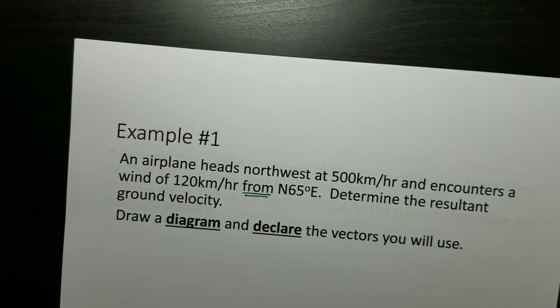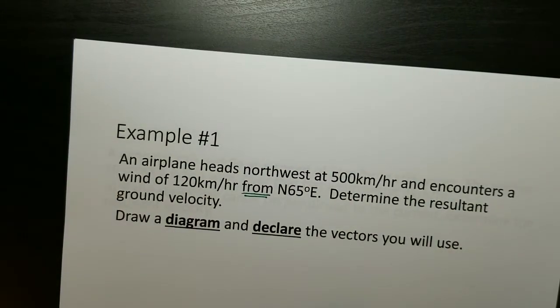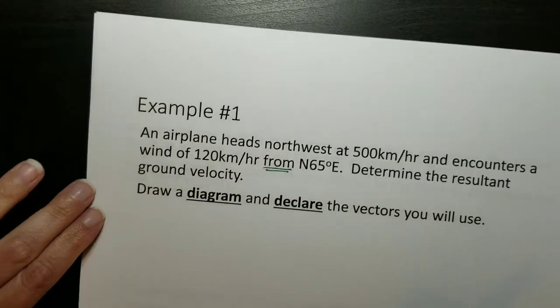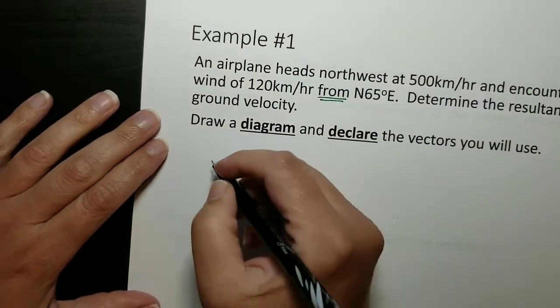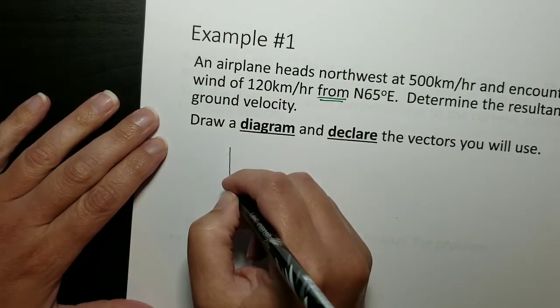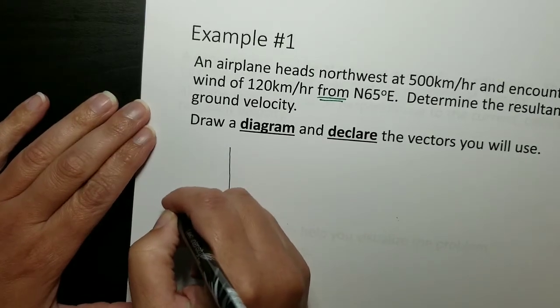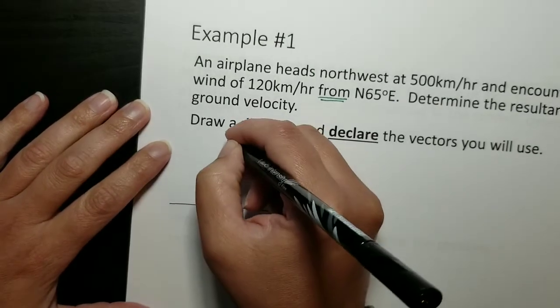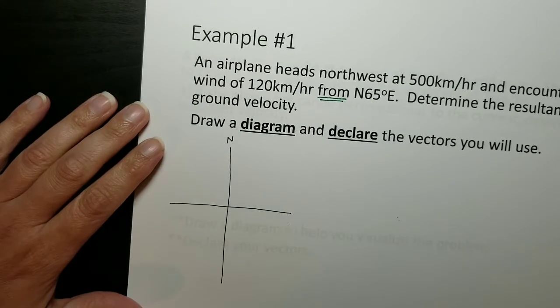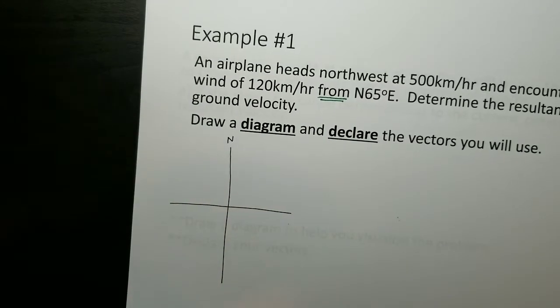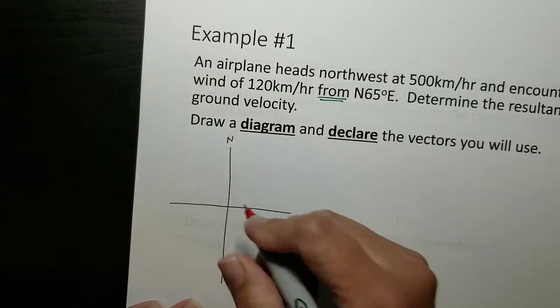There's a lot of things to think about here. We always have to draw a diagram. So I'm going to draw and label a compass situation here. The first thing was that the airplane is heading northwest at 500 kilometers per hour.